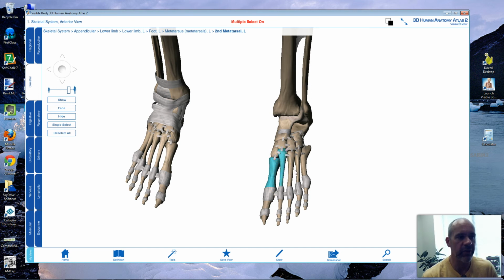This is your second metatarsal, third, fourth, and fifth over here on the lateral side, because your big toe is medial rather than lateral like the thumb is when you're in anatomical position. Okay, so the fifth metatarsal is going to be connected to your little toe. All right, so that's pretty easy. So if I highlighted that one on a lab test, you would know, okay, this is the left foot. That's going to be the left 1, 2, 3, 4, fourth metatarsal. That's pretty straightforward.